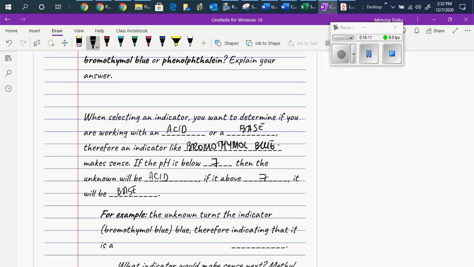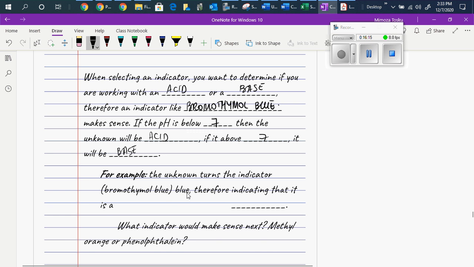For example, when we have an unknown that turns the indicator bromothymol blue blue, therefore this is a base. Okay, this is a base because it has a pH that is above 7.